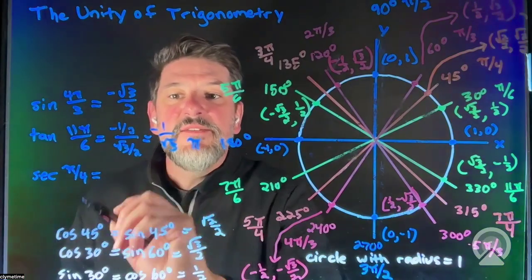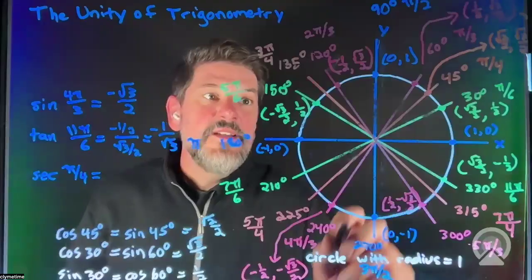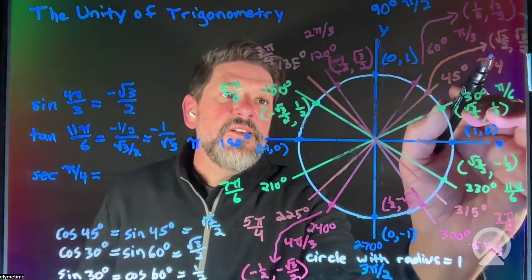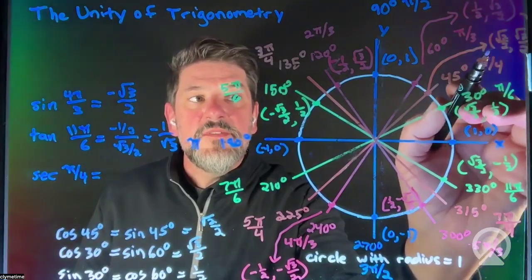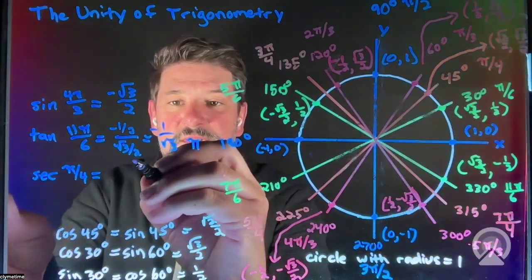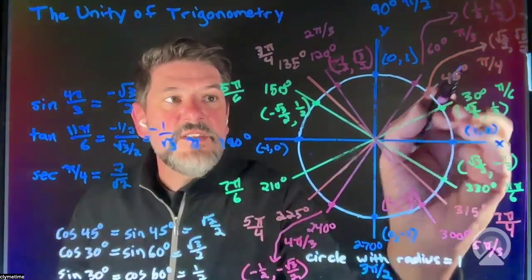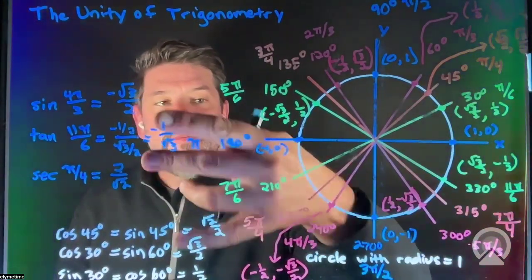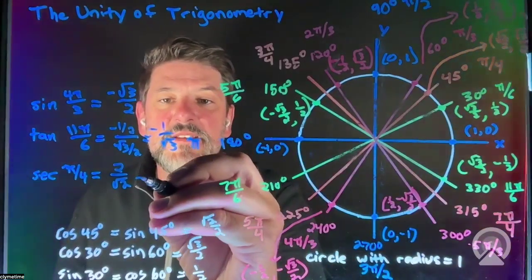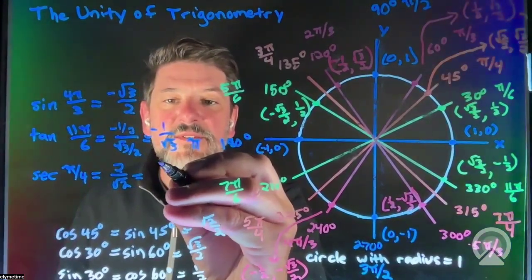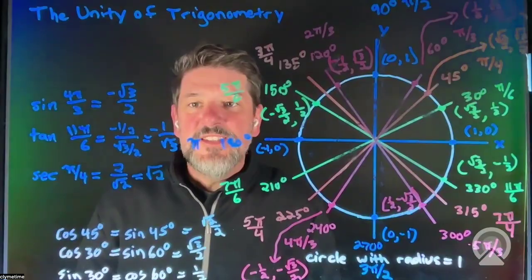And so the secant of pi over 4 is the reciprocal of the cosine. And so the cosine is the x value, which is square root of 2 over 2. And so therefore the reciprocal of square root of 2 over 2 is 2 over square root of 2, because it is just the reciprocal of that. Just flip it. Instead of square root of 2 over 2, it's 2 over square root of 2. And you can rationalize that. It becomes 2 times the square root of 2 over 2, or square root of 2. All right, so that's the secant of pi over 4.